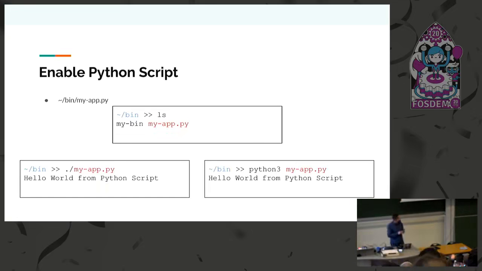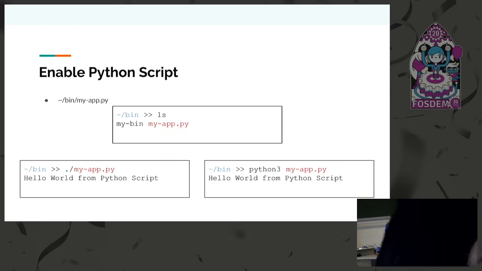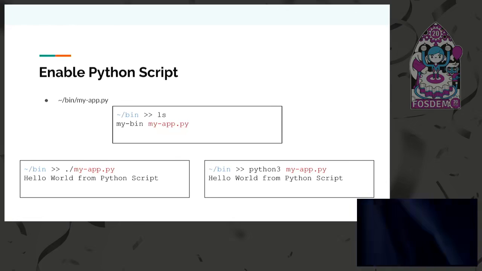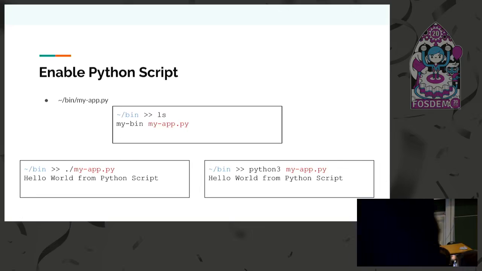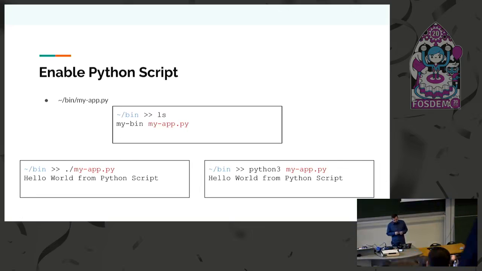What's the difference between these two ways of running Python scripts? On the left side, you can see that shell is opening this Python script, but on the right side, it looks like the Python 3 interpreter is running the script, right?